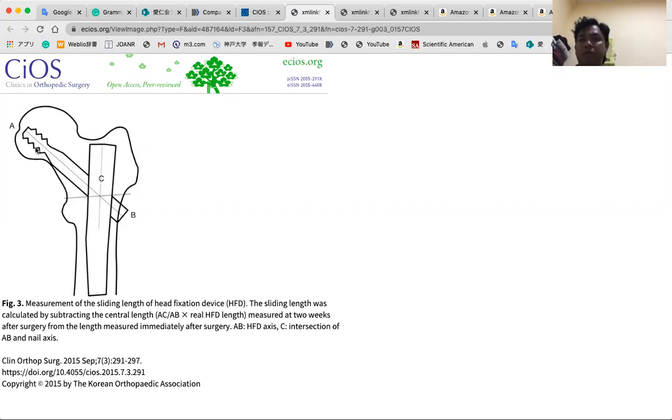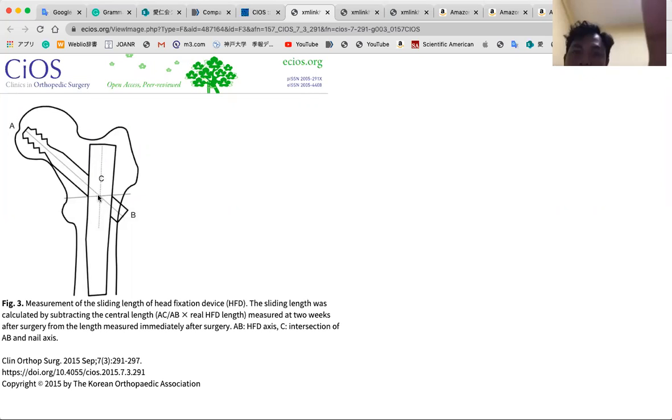For example, if this is 70% from A to C against the total length of the lag screw, and the real length of the lag screw is provided as 100 millimeter, the distance from A to C is calculated as 70 millimeter.